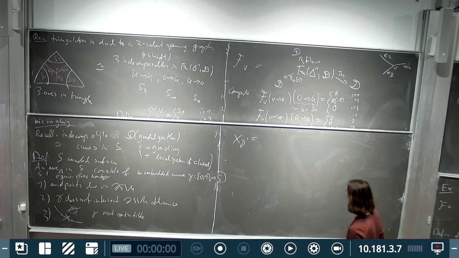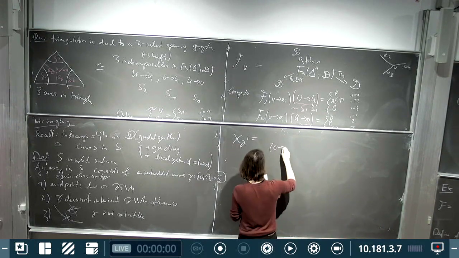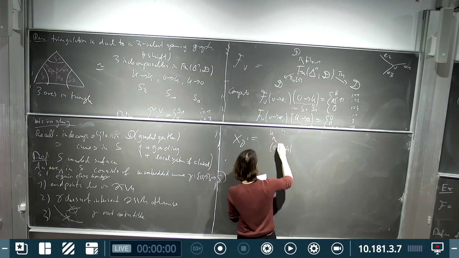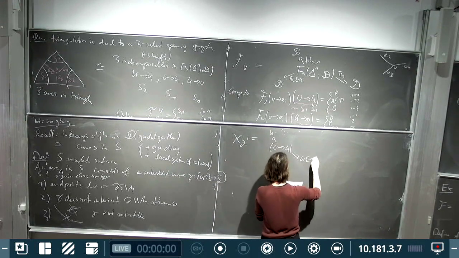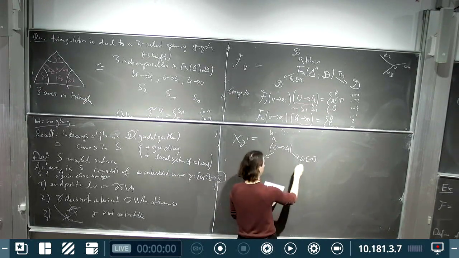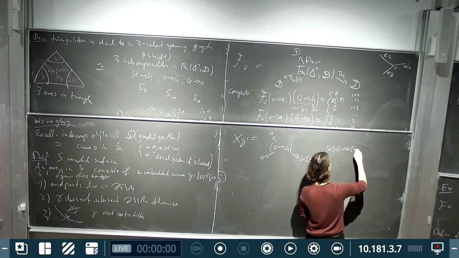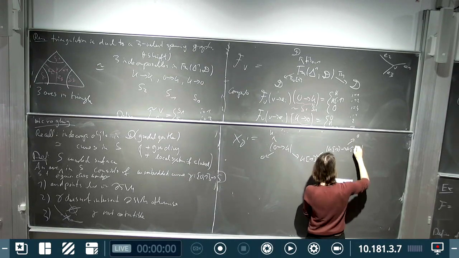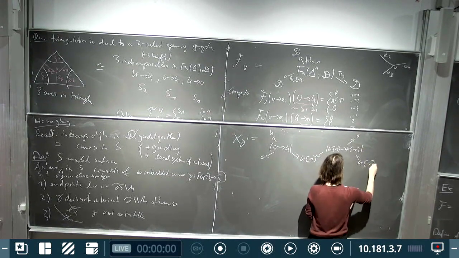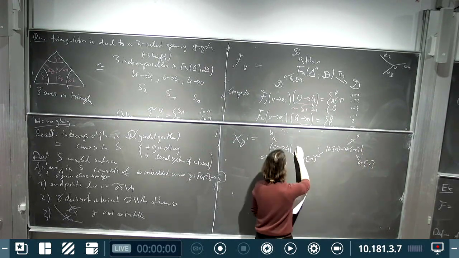It will be 0, K, K shifted by 1, 0, K shifted by 1, K shifted by 1, 0, K shifted by 1. And again, it's a coCartesian section.